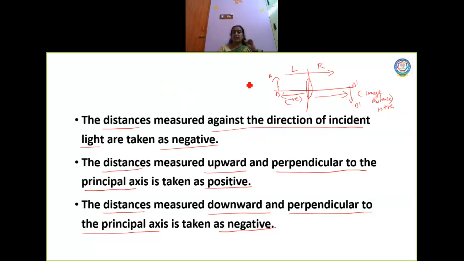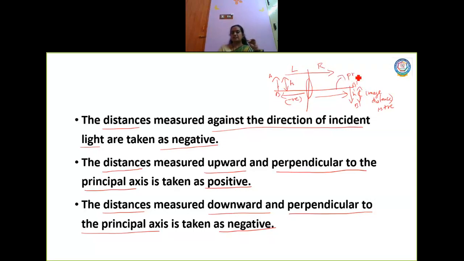And what about the height? Now here, these two rules: the distance measured upward and perpendicular to the principal axis. Now what is the height of this image? Now this is H. H represents the height of the object. Now this is H dash. H dash represents the height of the image, perpendicular to the principal axis. What is this line called?